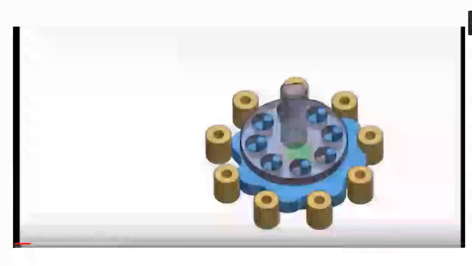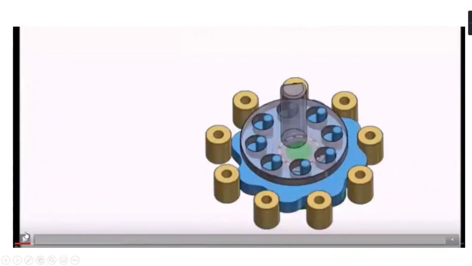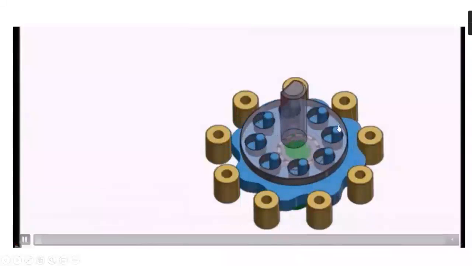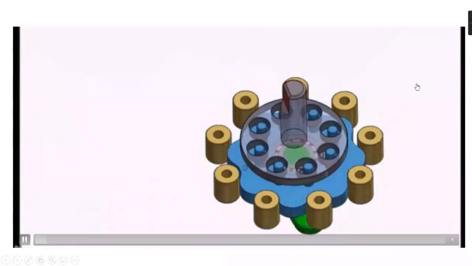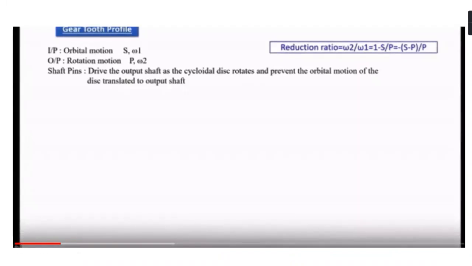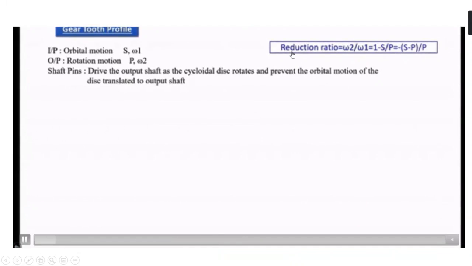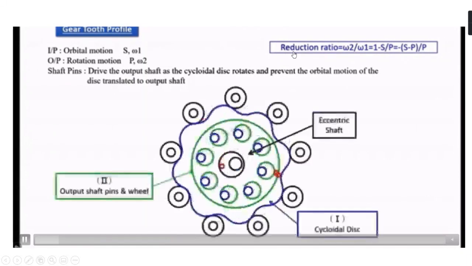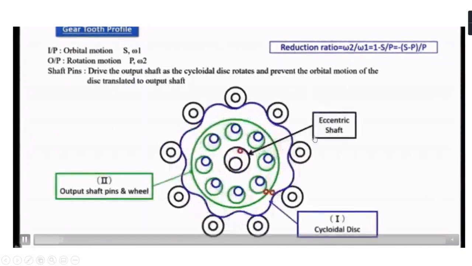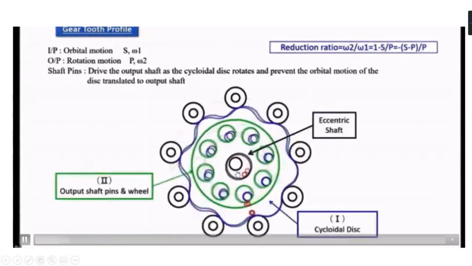Here are some examples of trochoid curves and cycloidal curves. Here you can see it is your shaft, and how it works is shown here. See, it is your eccentric shaft.